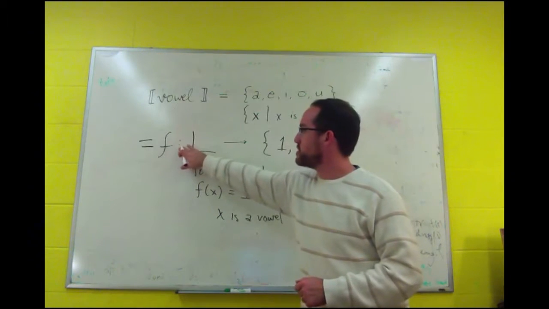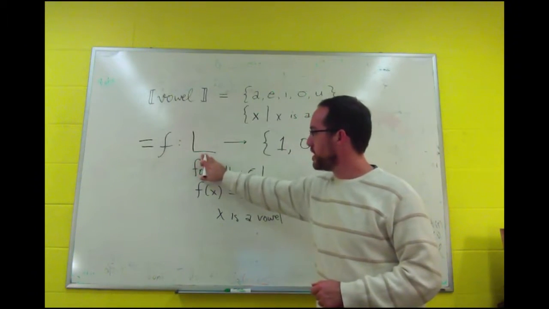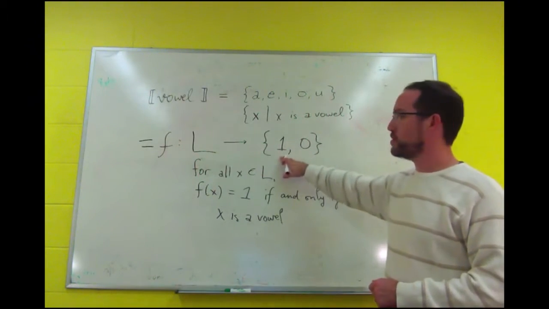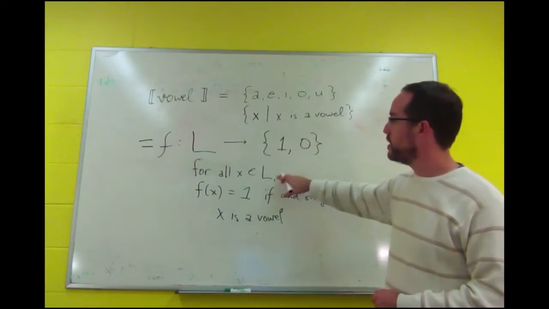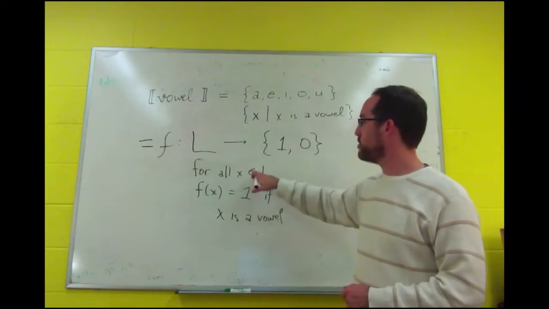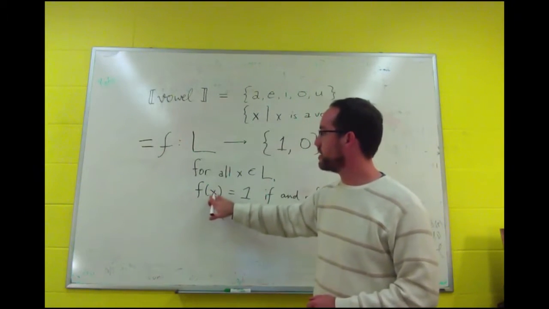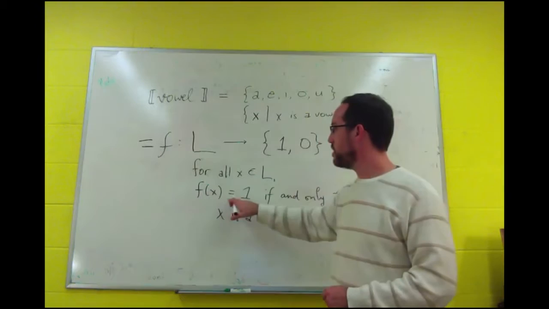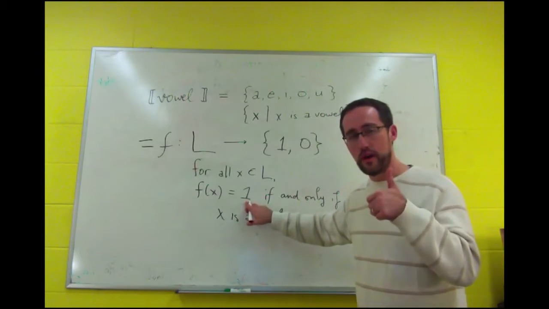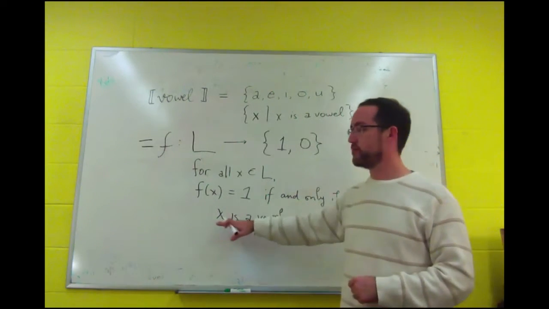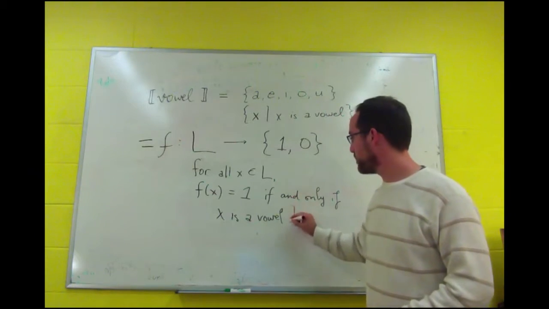It's a function that maps from this domain L to this range, the set containing 1 or 0, such that for all members of the domain, f of x, so plugging the member into the function, will result in the answer 1 if and only if, and then you have this property.